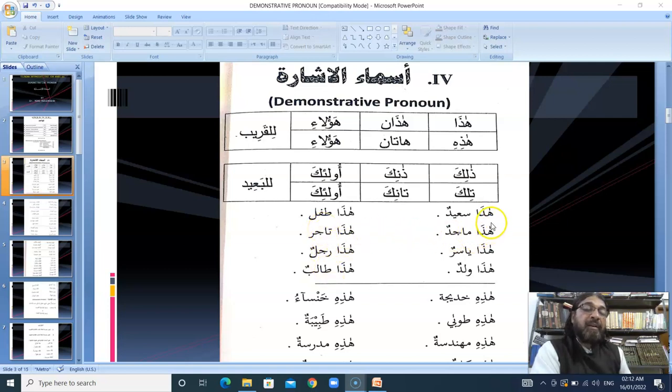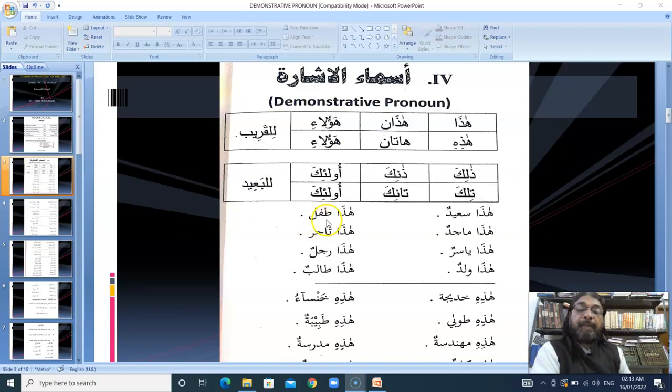So if after demonstrative pronouns the noun is common, then it becomes a sentence. It will give you the full sense. That is why jumla. This is Sa'id, this is a child, tiflun, this is a sentence.